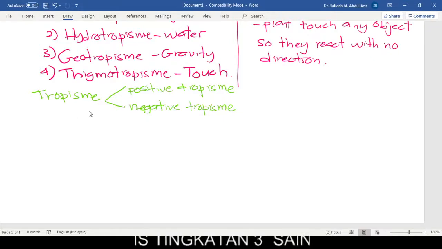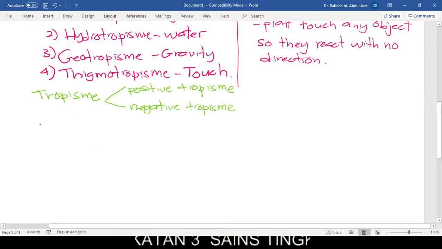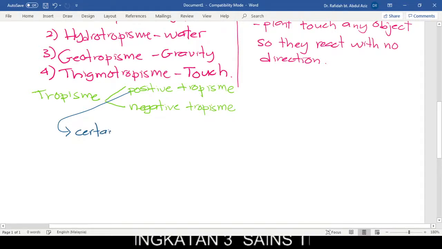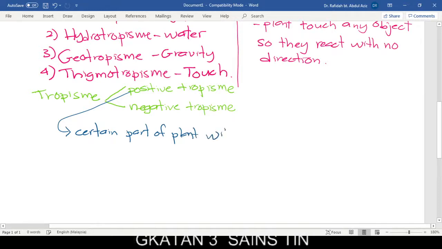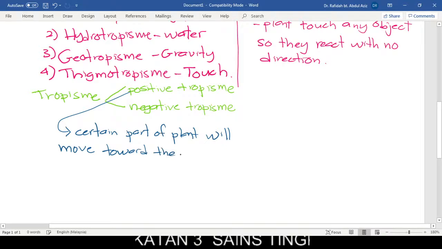Now, positive tropism means that a certain part of plant will move towards the direction of stimuli.